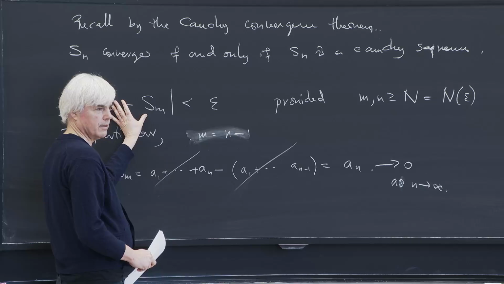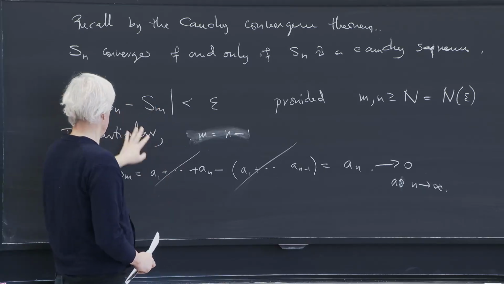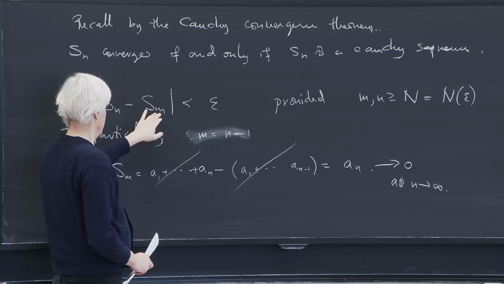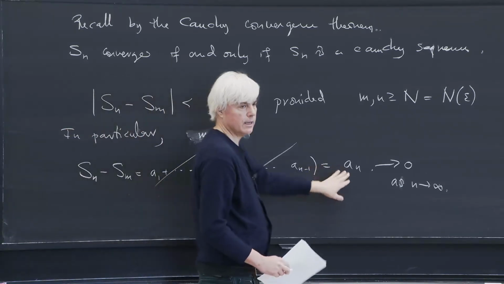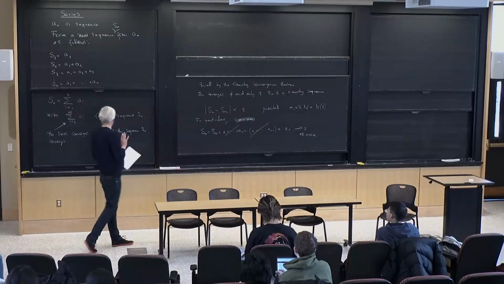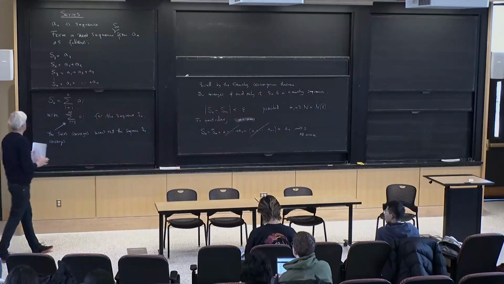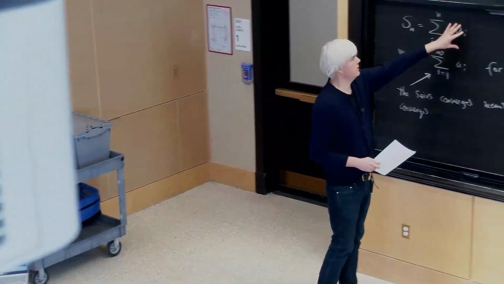In the special case where m is the one prior, you see that a_n will have to go to 0. So if you see a series, before applying any test, the first thing you check is that this element goes to 0.